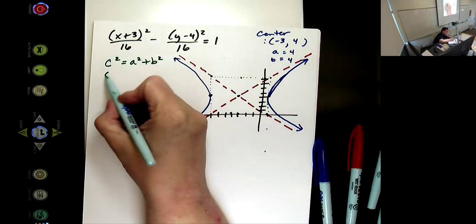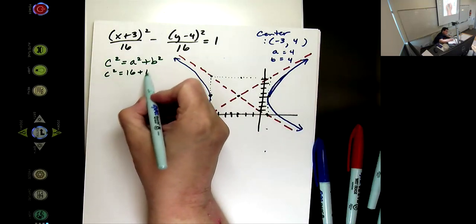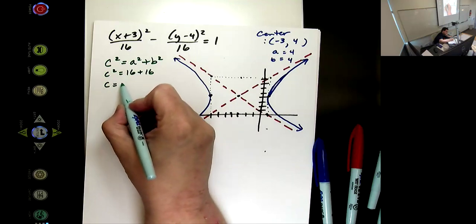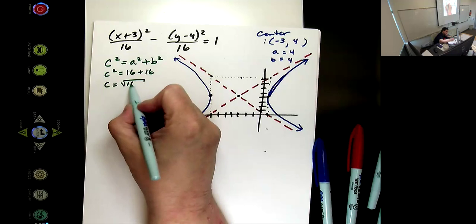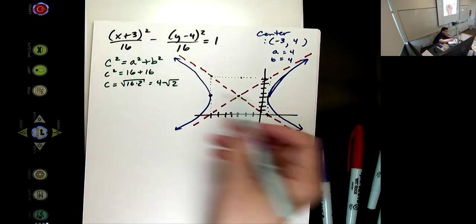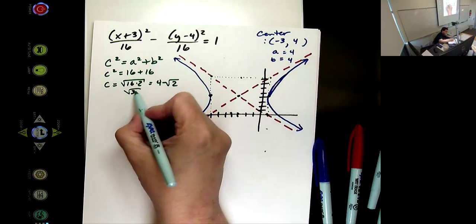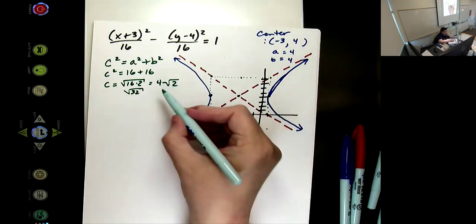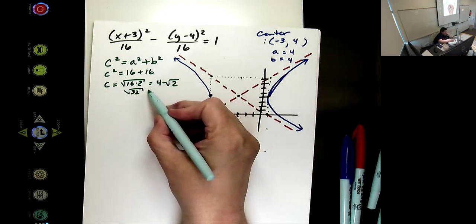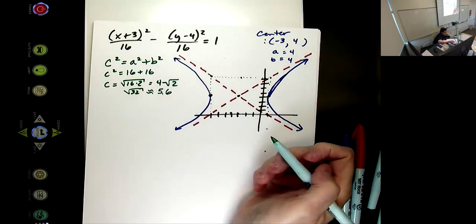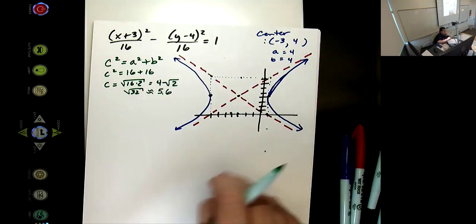Yeah, that's 16 plus 16. Is that 5.5-ish, 5.6-ish?